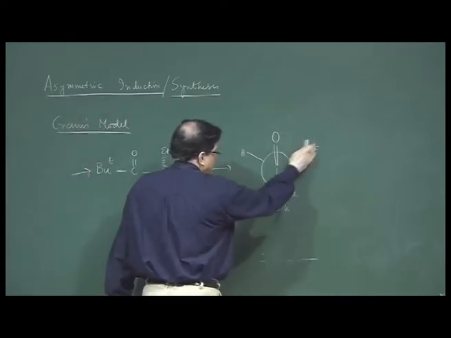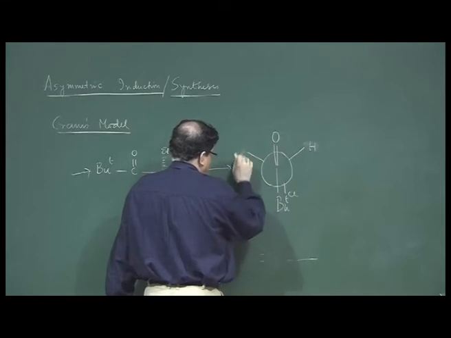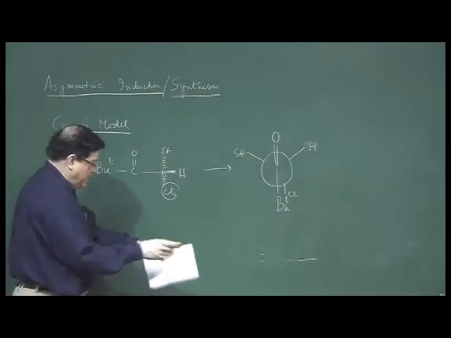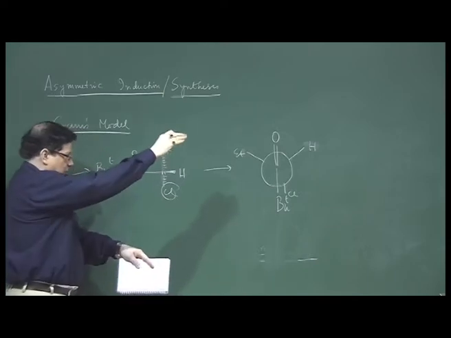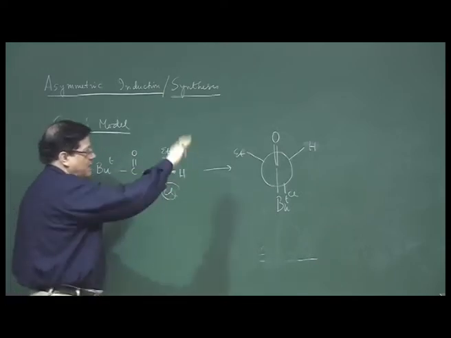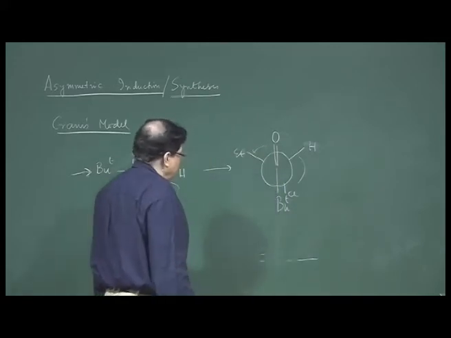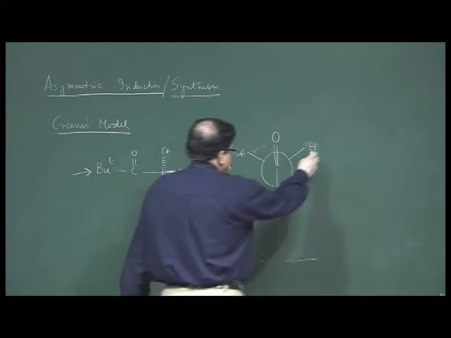So, I have to put it anti-clockwise. Again I repeat, I see from this side. So, first it is chlorine, then I come to hydrogen and then I go to ethyl. So, that is anti-clockwise. So, this anti-clockwise is maintained, and this is the preferred conformation, this is the small group.